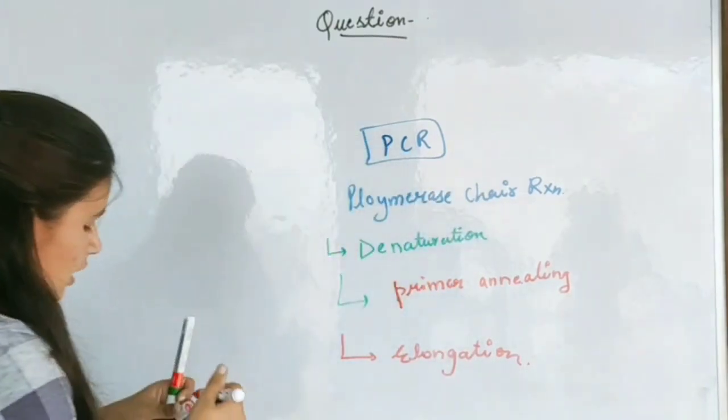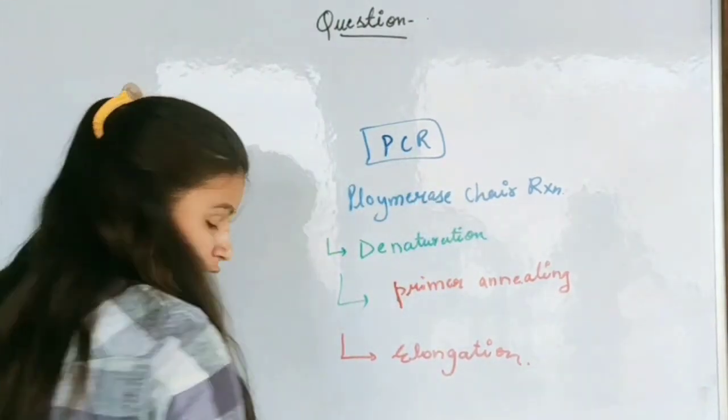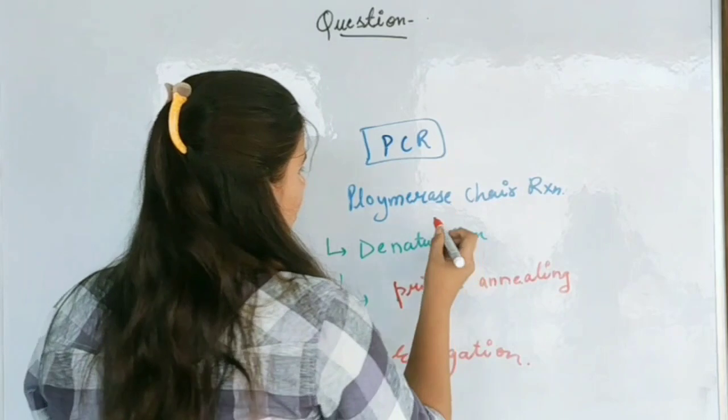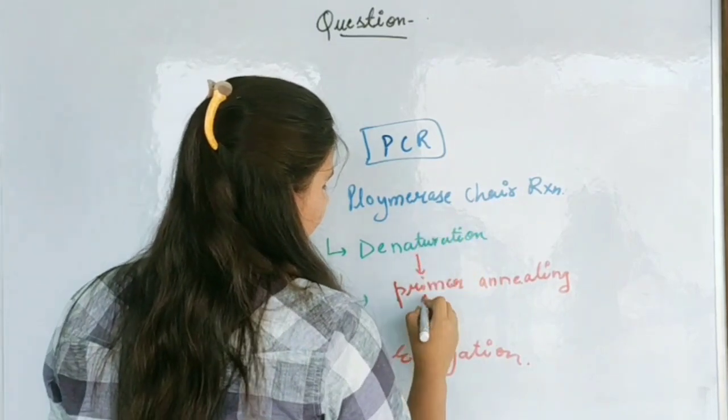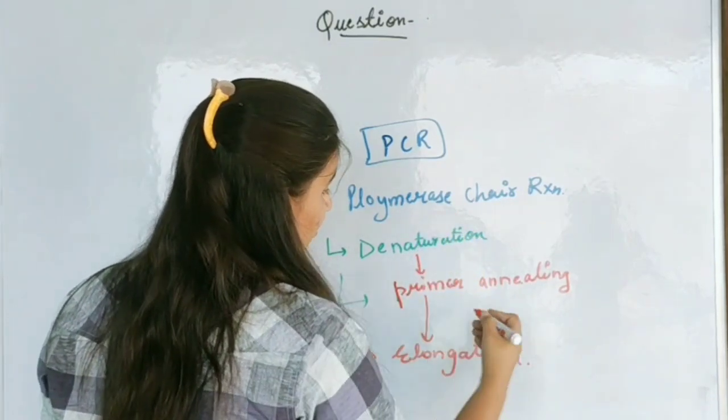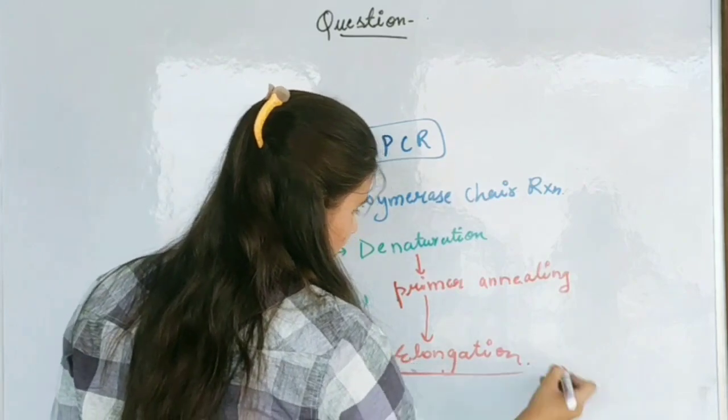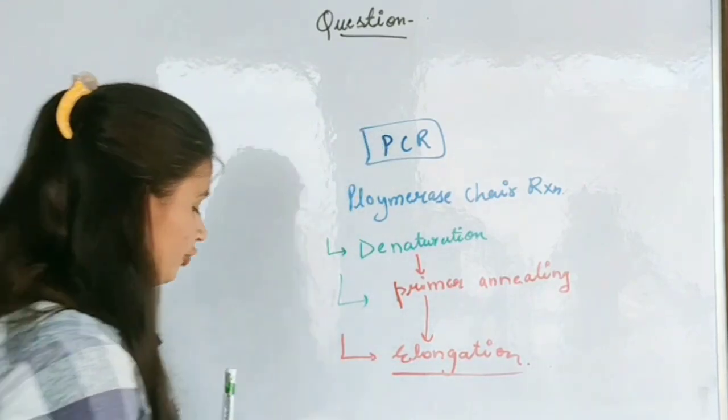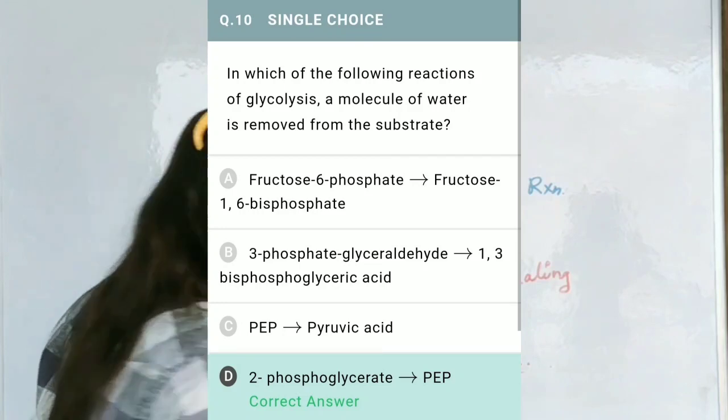So the correct sequence of polymerase chain reaction is denaturation, then primer annealing, and then elongation. Now move to next question, question number 10.